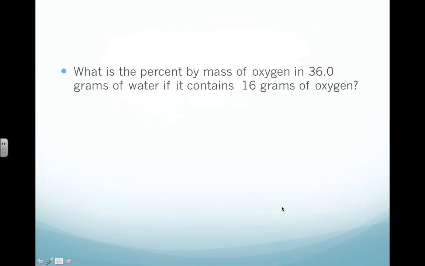So an example of this would be you have 16 grams. You're going to divide it by the total mass, and you're going to multiply that by 100.